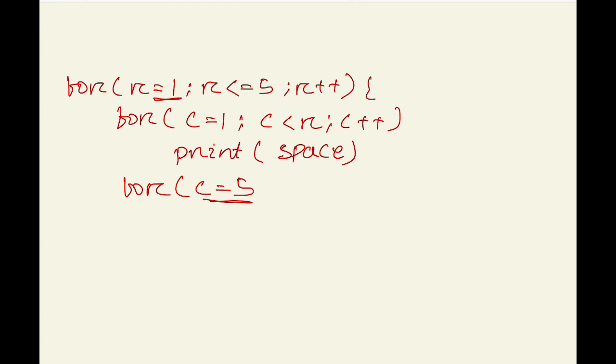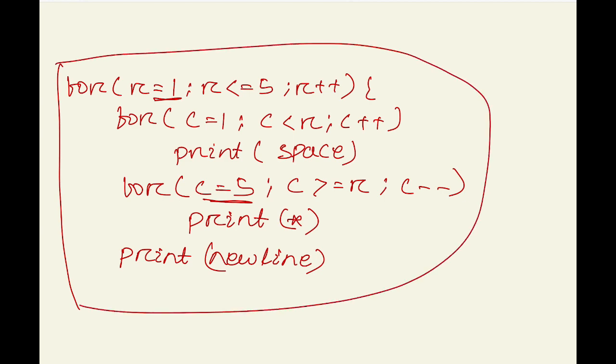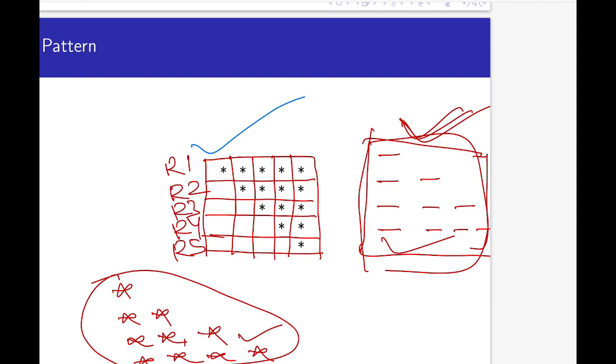So c equal to 5, then c greater than equal to r, c minus minus, print star. Then after completing the work of row 1, the control should move to row 2. So for that we need to write here print new line. So this is the code snippet to print the desired structure.